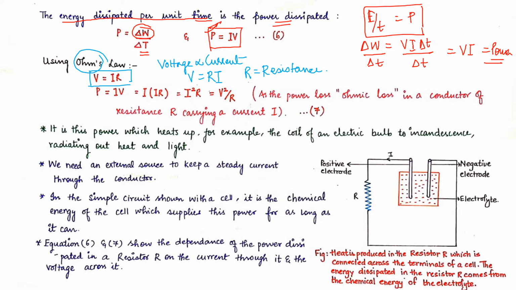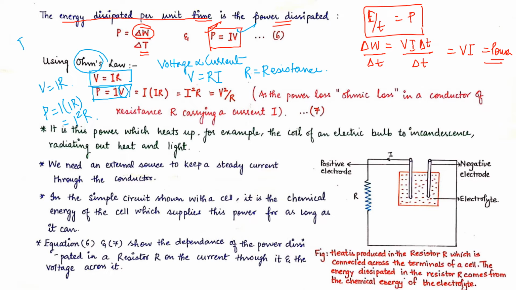Okay, so P equals IV. Now V equals IR, right? We will substitute it in place of V. It will give us P equals I into IR, so it will become I square R.